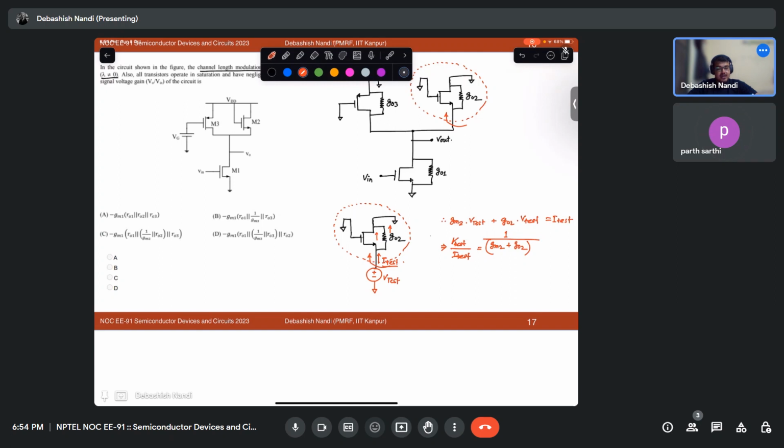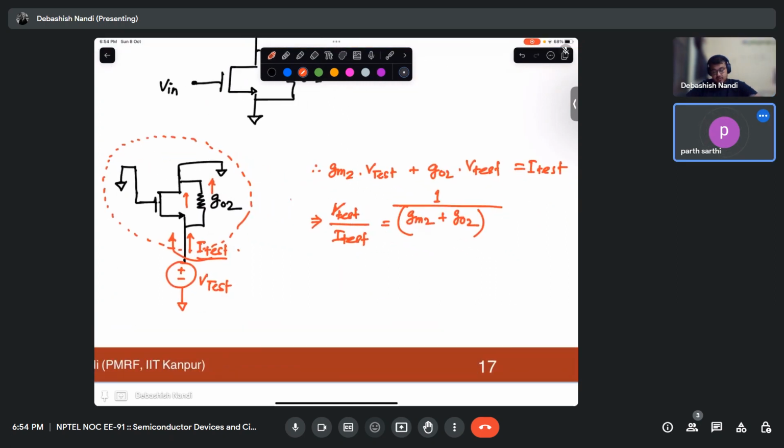Did you understand this part? Yes, sir. By seeing both are in parallel, we can directly write this. Once you are very much mature after solving this circuit, then you can do that. But I will suggest that till your GATE exam is complete, even in your GATE exam, use this method only, because there may be other loops and other configurations which you will not be able to catch by looking at it instantly.